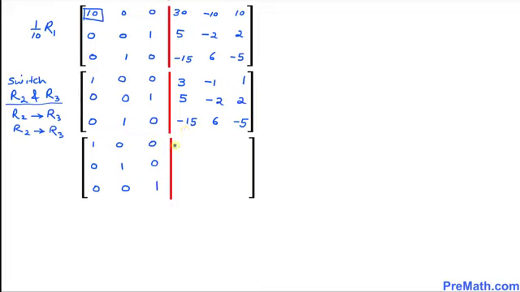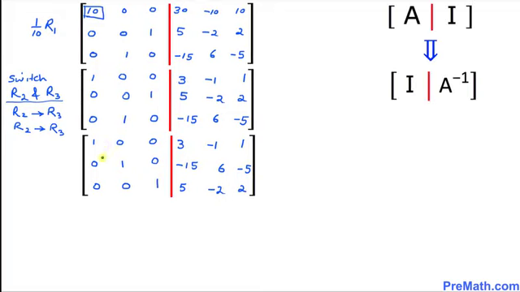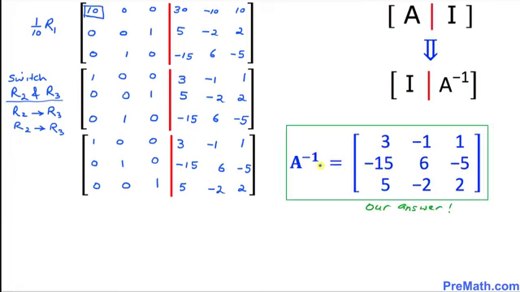Likewise, we are going to switch that one as well. 3, negative 1, 1 stays the same. The third row becomes negative 15, 6, negative 5, and the second row becomes 5, negative 2, and 2. So thus this left hand side matrix has transformed into an identity matrix, and the right hand side matrix is going to become A inverse matrix. And thus here is our A inverse matrix, and that is our answer.